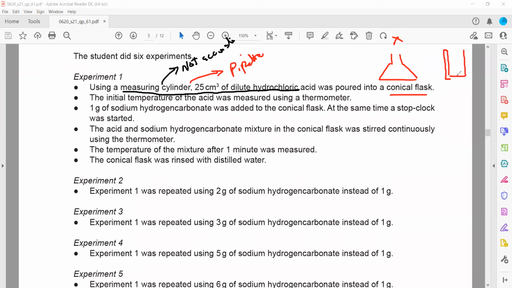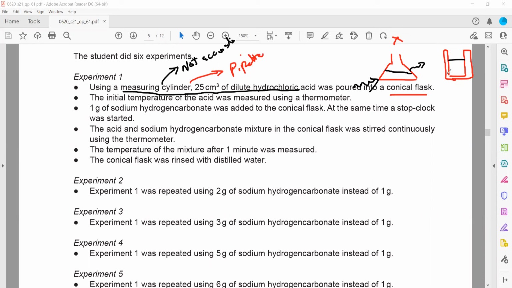Why a polystyrene cup? Because polystyrene is an insulating material. It does not allow the heat to transfer sideways or to the base. Otherwise, when we are using a conical flask, the reaction mixture might lose some of the energy to the surroundings or might absorb energy from the surroundings. So it is not suitable.